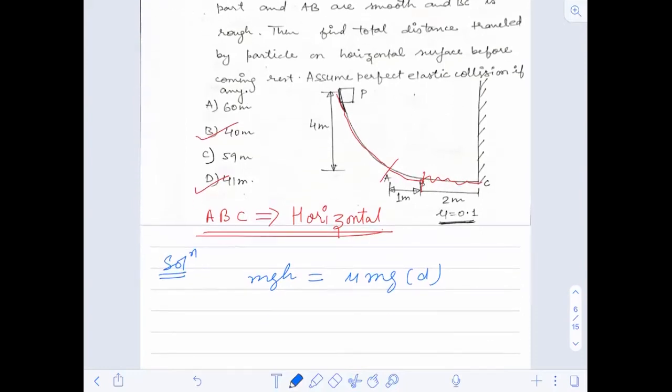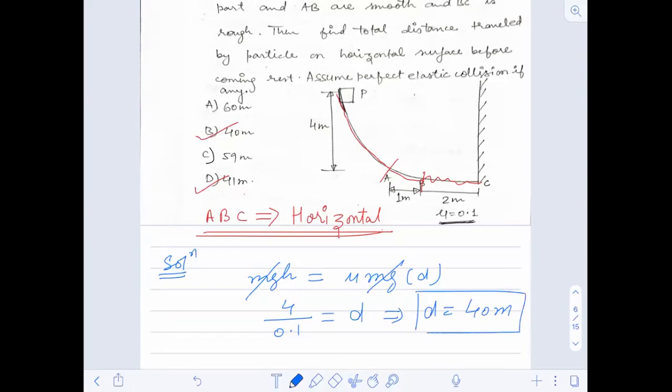So mg gets cancelled. H value is 4. Mu value is 0.1 and d.